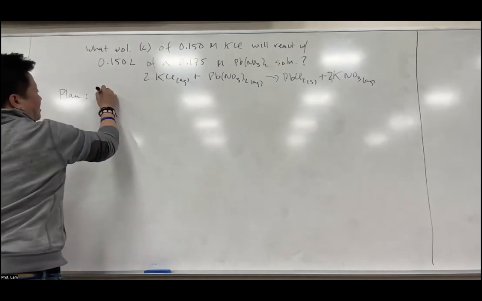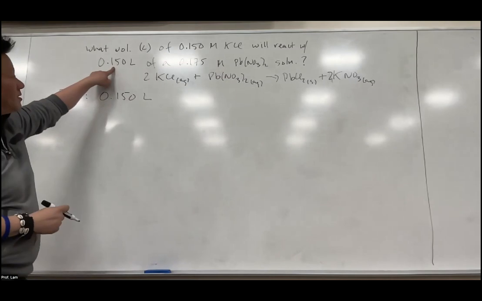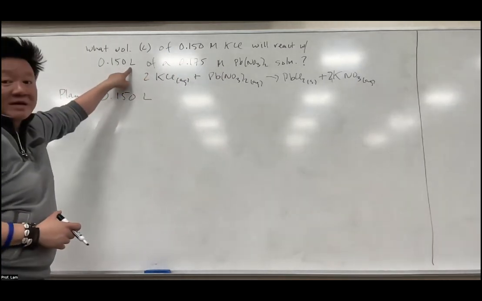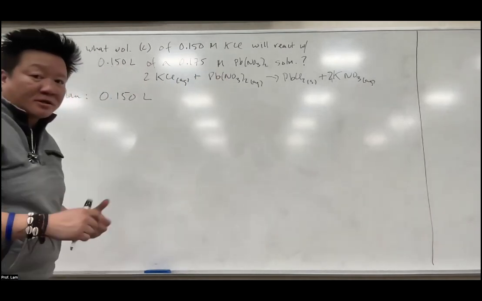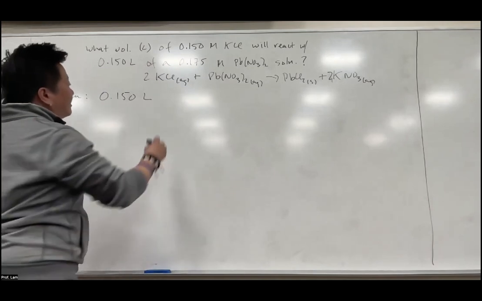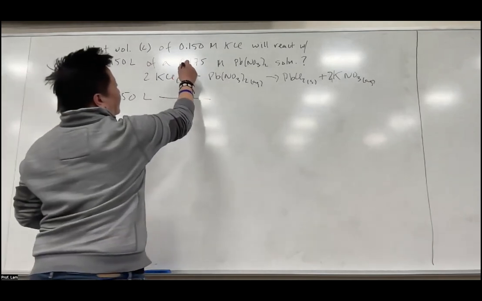And then you start at this number rather than this one because it only has 1 unit, right? Molarity is actually 2 units. It's moles per liter. So you always start at the liter, the 1 unit, and then you get to moles. So how do you get to moles? Well, here's molarity.